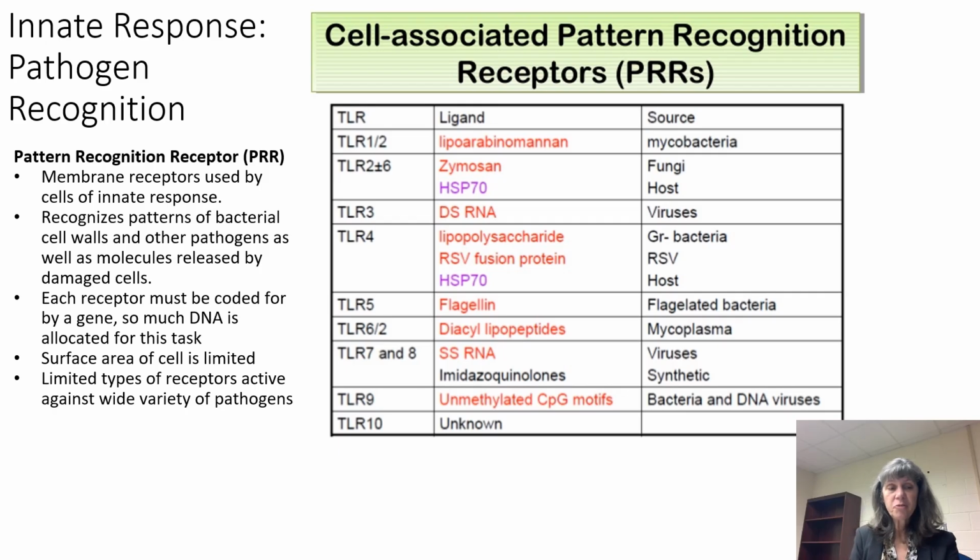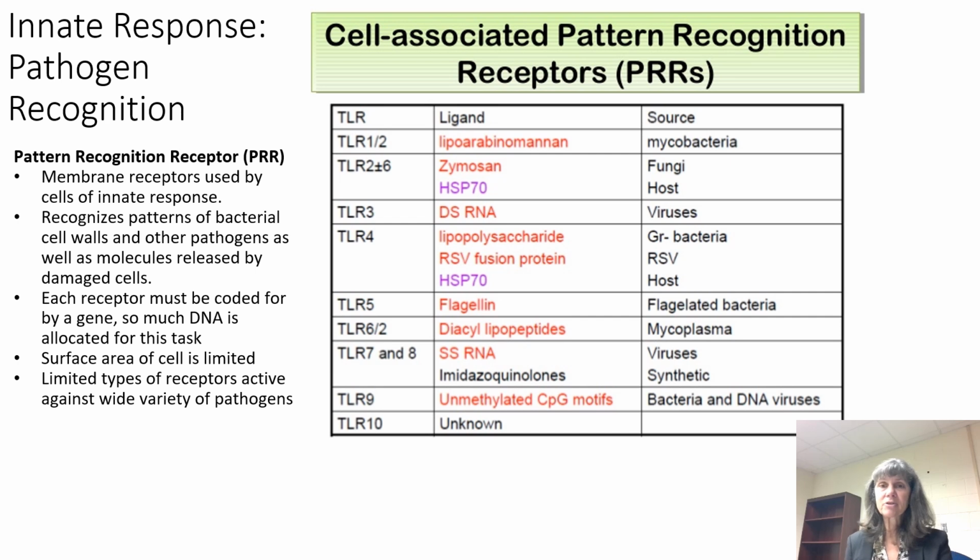And they use these pattern recognition receptors, which are membrane receptors on the innate cells, to recognize the characteristic features of pathogens and molecules that could be released by stressed or damaged cells.